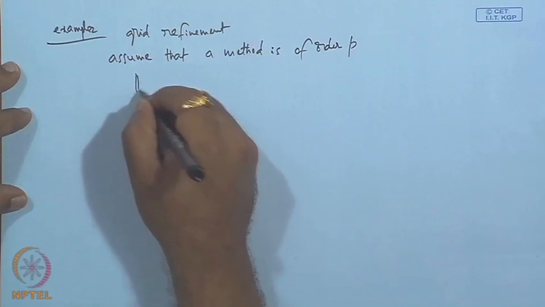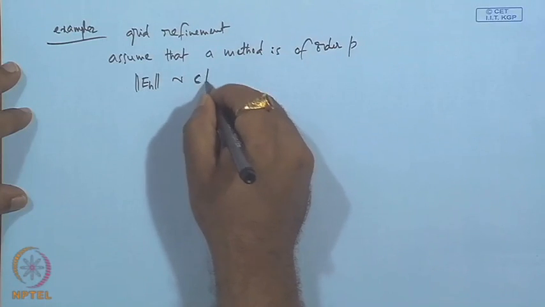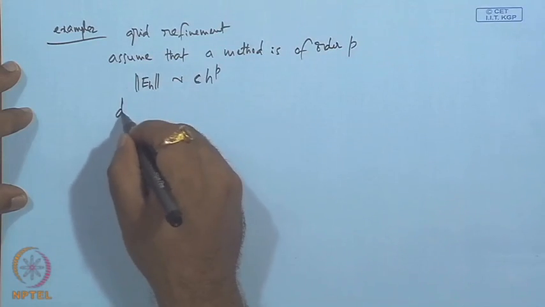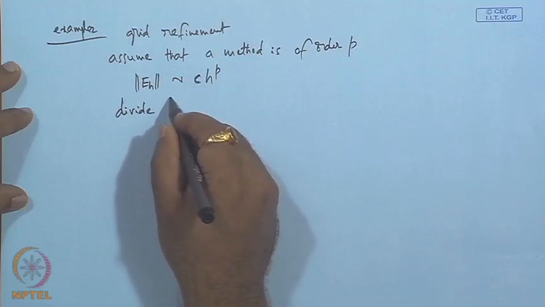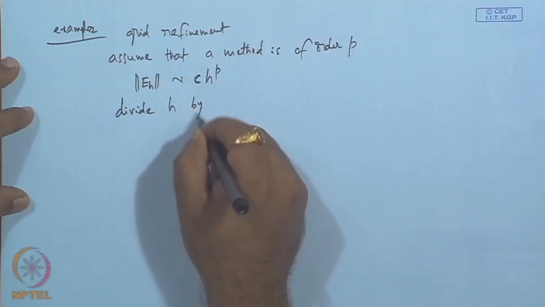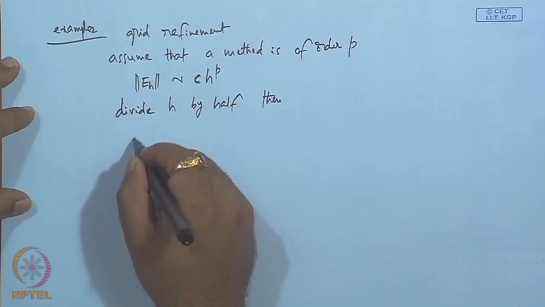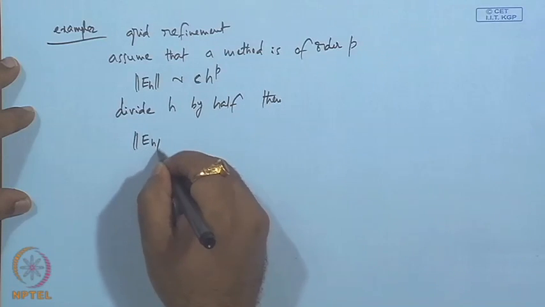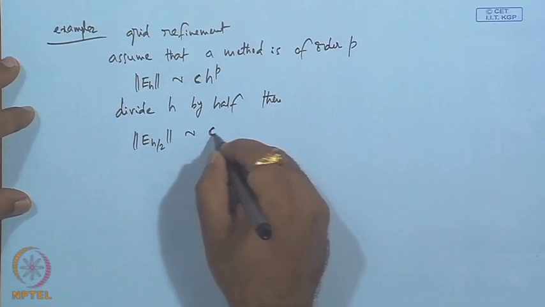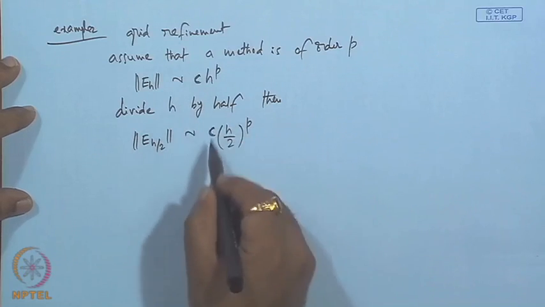Then we have seen the error with a specific h is bounded and behaves like this. Suppose we divide h by half, then what would happen? With h by 2, the error is c times h by 2 power p, assuming the same constant.